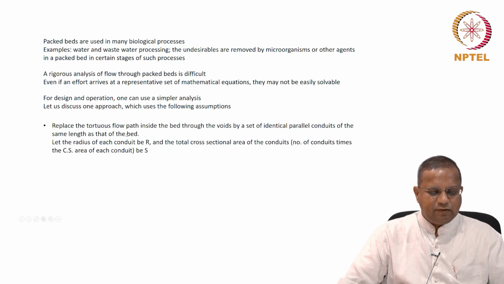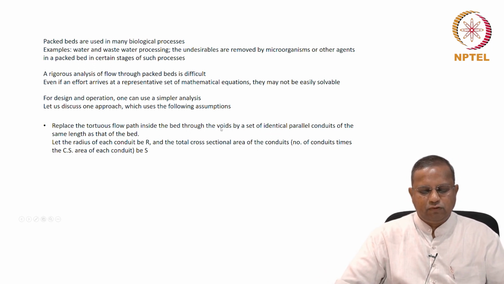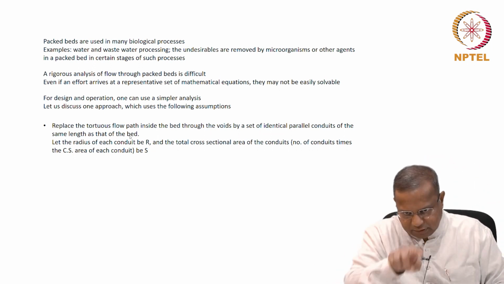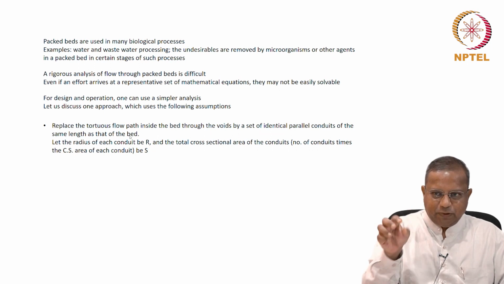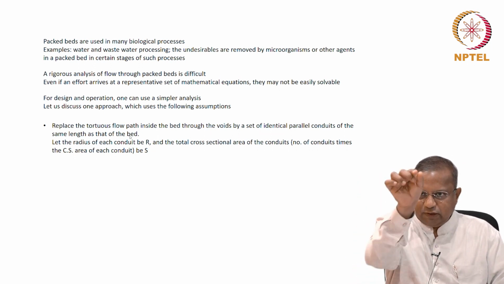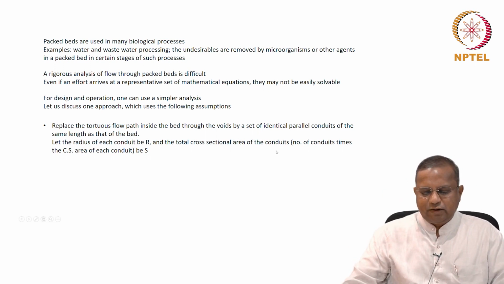We are going to replace the tortuous flow path inside the beds through the voids by a set of identical parallel conduits of the same length as that of the bed. So the actual path could be something like this, and we're going to replace all those by a path through a series of parallel cylindrical conduits.